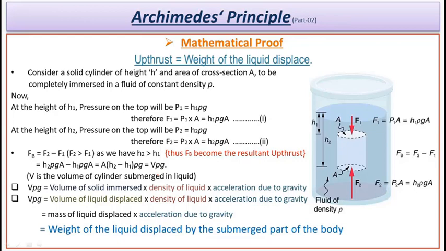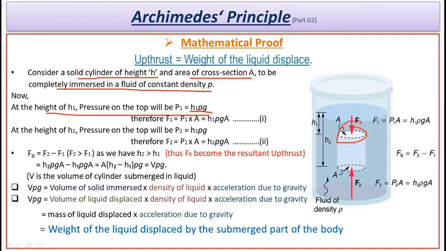For this, consider a solid cylinder with height h, cross-sectional area A, which has been completely immersed in a fluid with density ρ. Then the pressure experienced by the cylinder at h1, at the top, will be h1ρg, which is taken from the formula of liquid pressure.